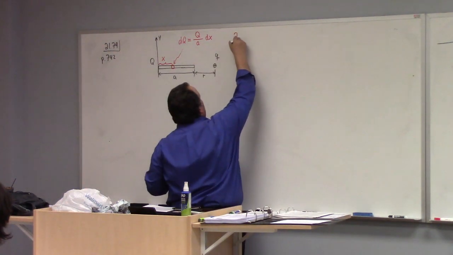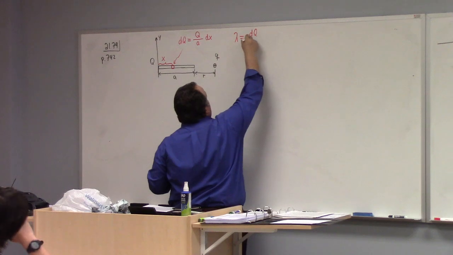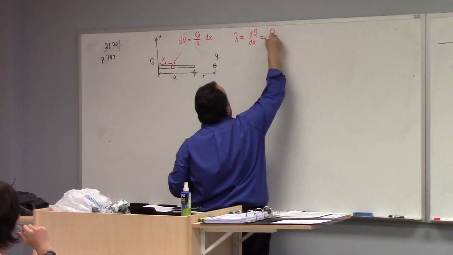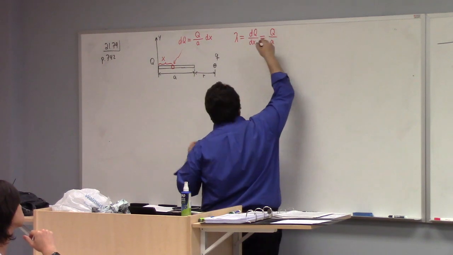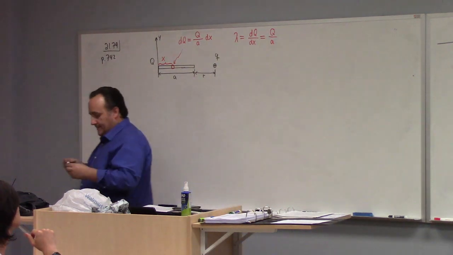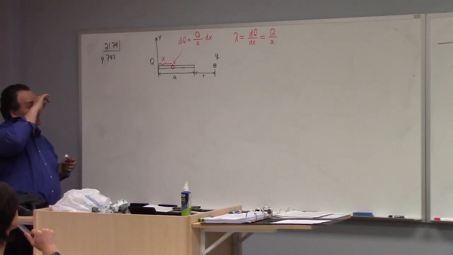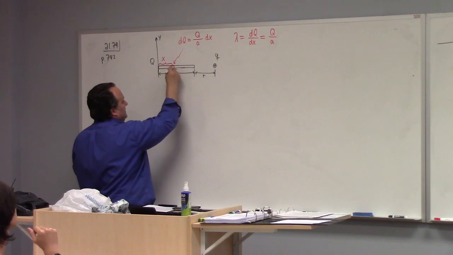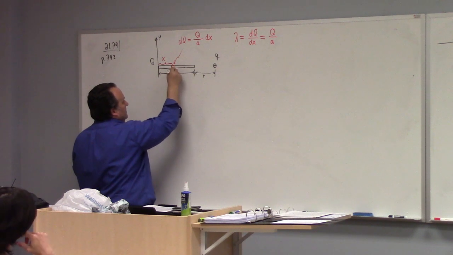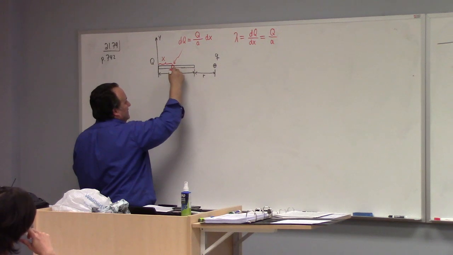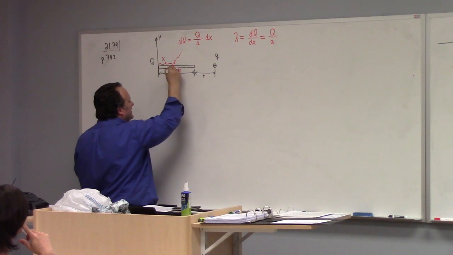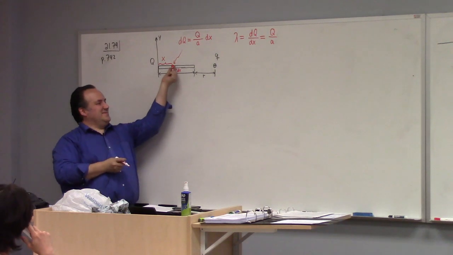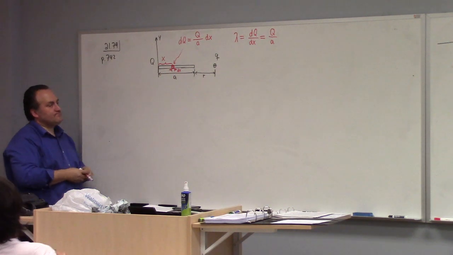Like in class, I said lambda is dq/dx, which in this case is Q over A because it's uniform, and then we solve for dq in terms of dx like that. Where's dx? dx is like here. It's like this little smidgen, the little smidgen of charge that we're looking at.